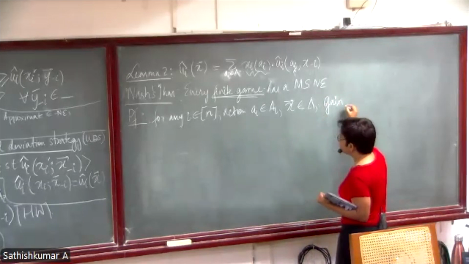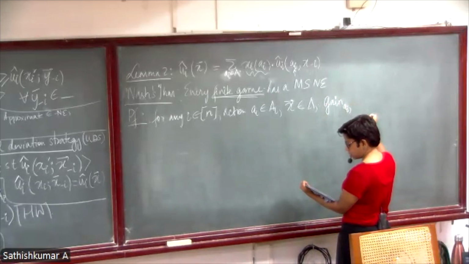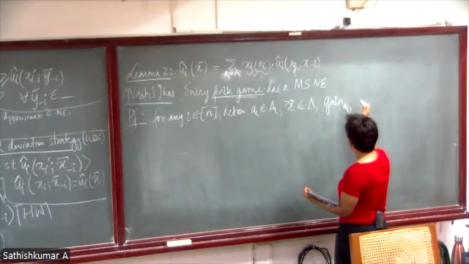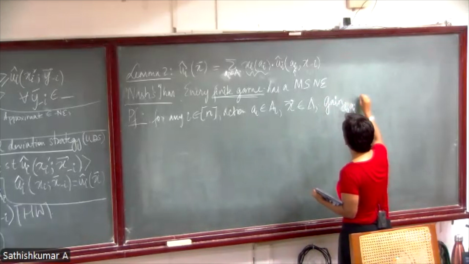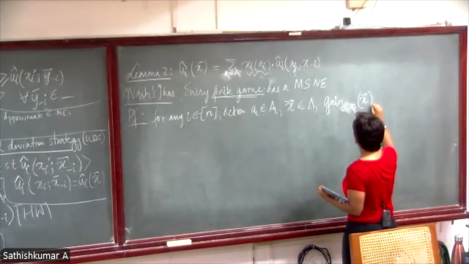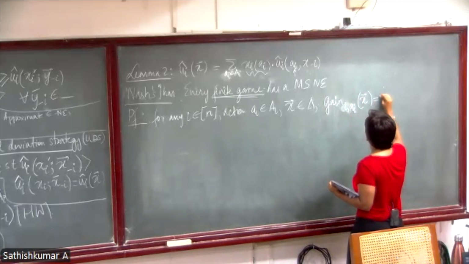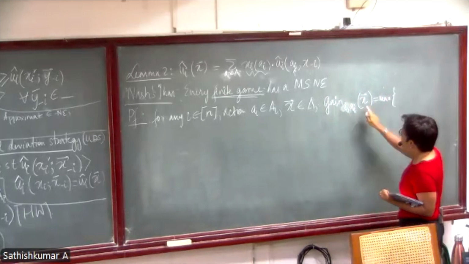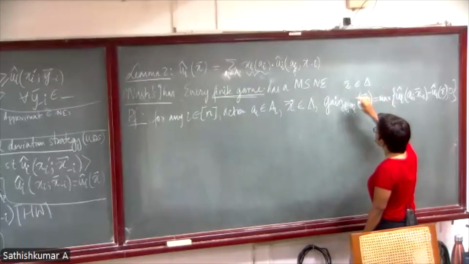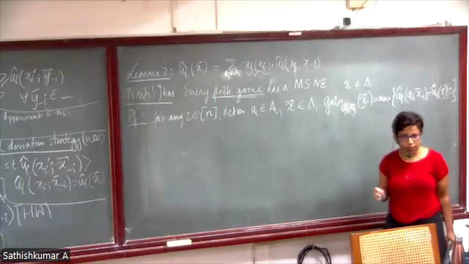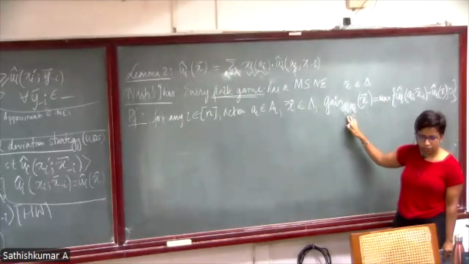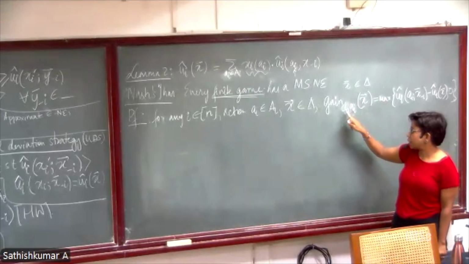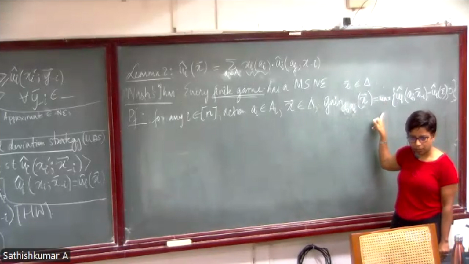Okay, I might mangle the notation a little bit, but it does not matter. You define the gain function for X bar with respect to I and action Ai like this.